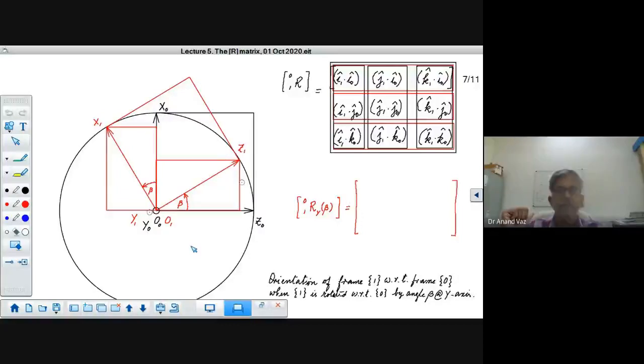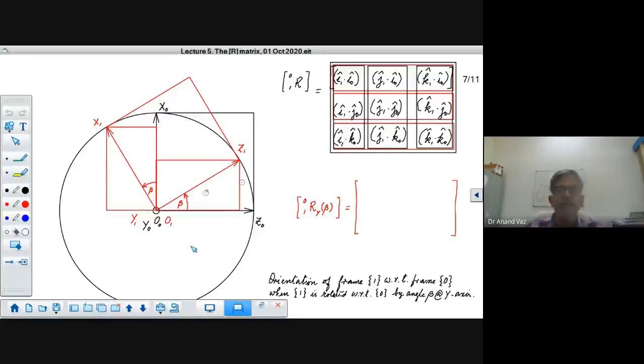This is what we have made use of over here, and so we are turning from the z-axis towards the x-axis. So we have placed z0 here and x0 here. And as we had done yesterday, we have taken the frame 1, rotated with respect to the frame 0 by an angle of beta about the y-axis.